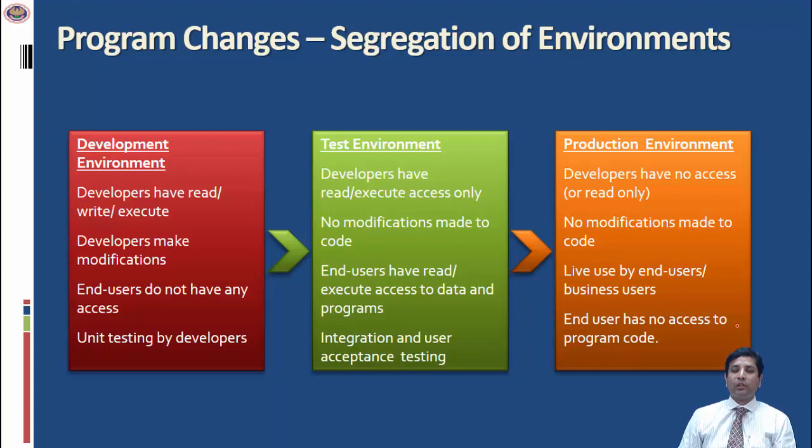Again, in this production environment, the source code is not available to be changed. So as we can see, there are three different environments in which the program change process should work. And this is an example of how segregation needs to be maintained between the various environments.